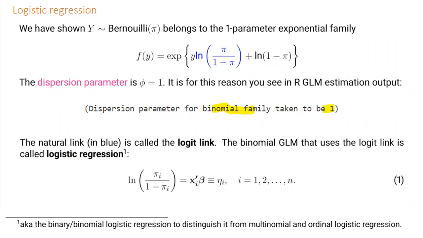It's also known as binary or binomial logistic regression, to distinguish it from some other types of logistic regression. You can see here that it is a function of the probabilities, and it's equal to the linear predictor.